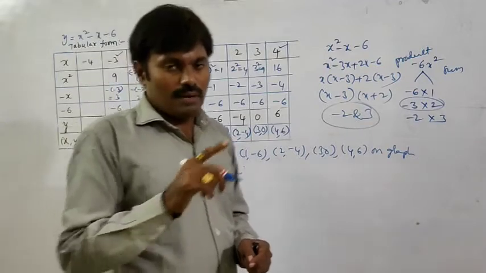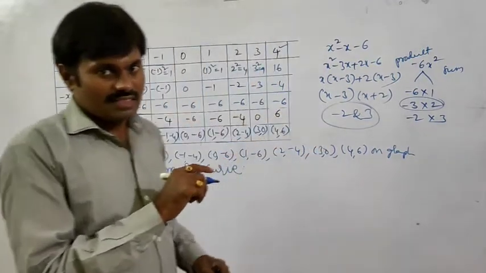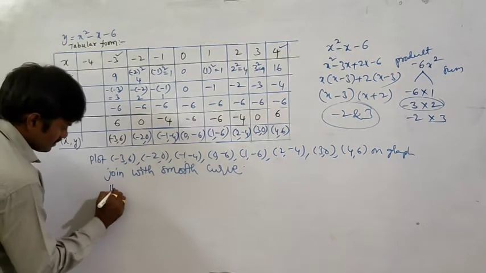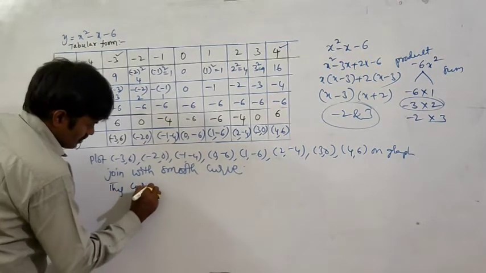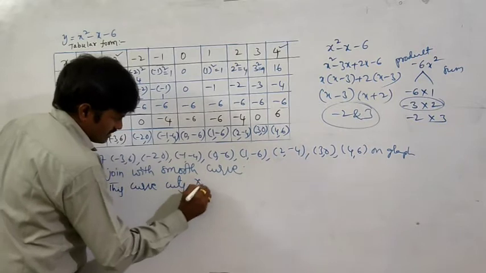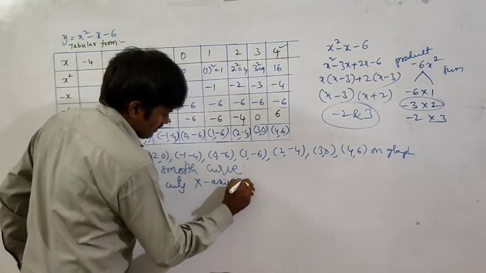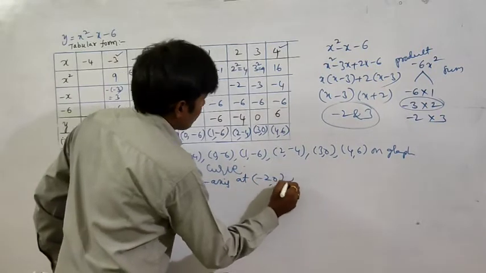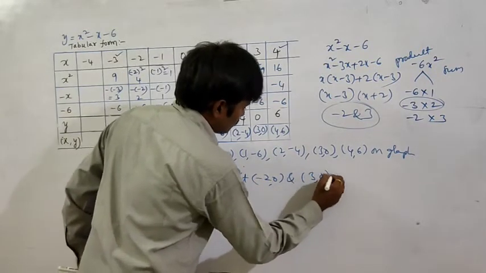Parabola. An upward-opening parabola we got. It cuts the x-axis at 2 points. Now what are those 2 points? This curve cuts the x-axis at minus 2 comma 0 and 3 comma 0.